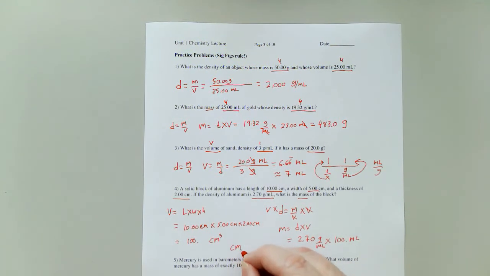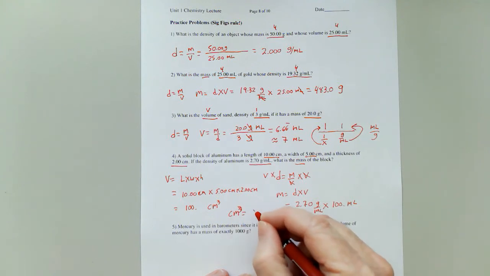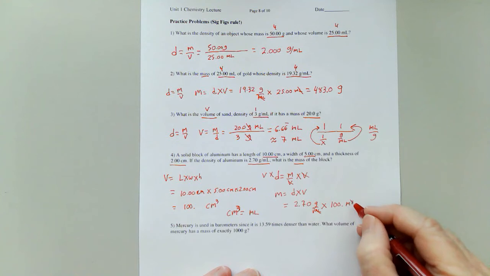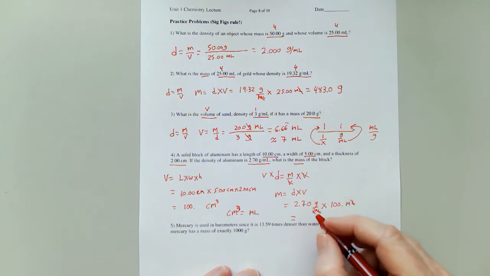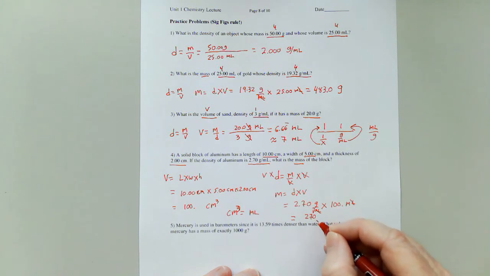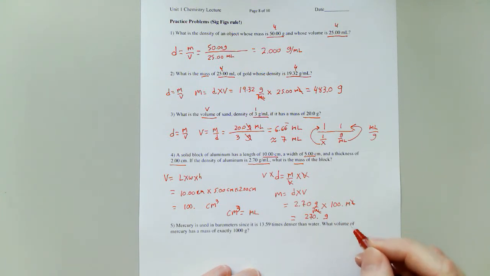Remember, a centimeter cubed is equal to a milliliter. Okay, milliliter cancels, and this ends up equaling 270, all right, with a decimal point, grams. And that decimal point makes that 0 a significant figure.